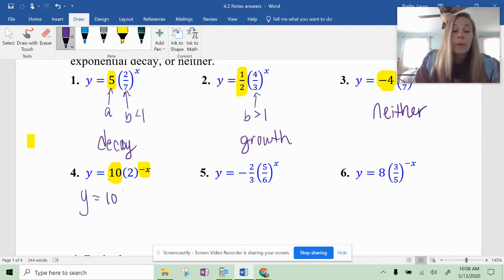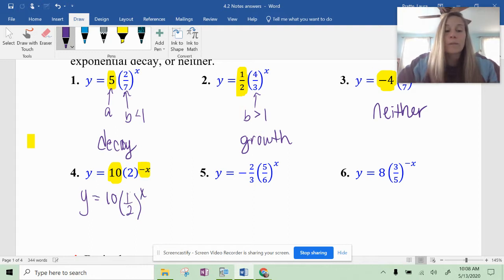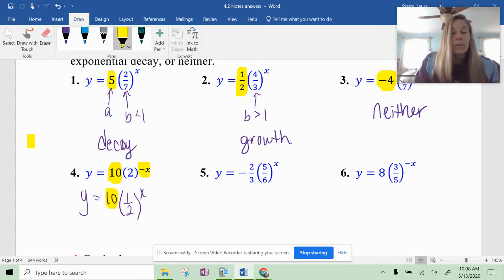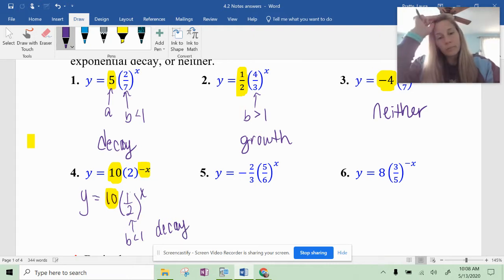Well, if you remember, when you take something and flip it, then that exponent becomes positive. So that's really 10 times 1/2 to the X power. Now the A value is still positive, so we still know it's growth or decay, but this B value is less than 1, which would make this a decay function.